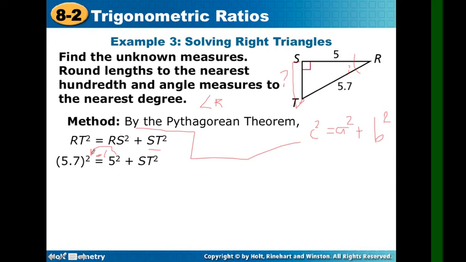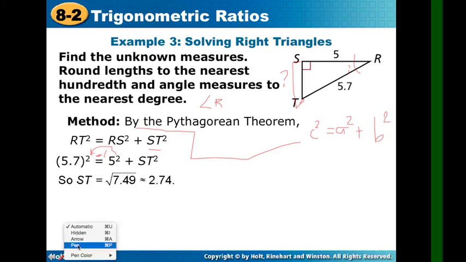So we have open parenthesis 5.7 close parenthesis squared minus open parenthesis 5 squared, then close parenthesis. Okay? So the answer is 7.49.